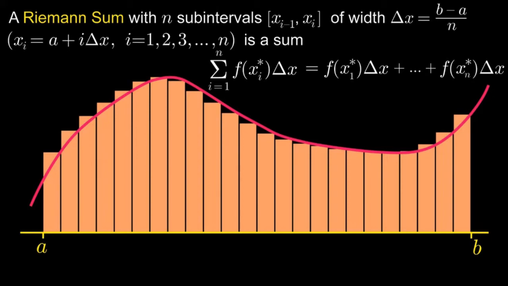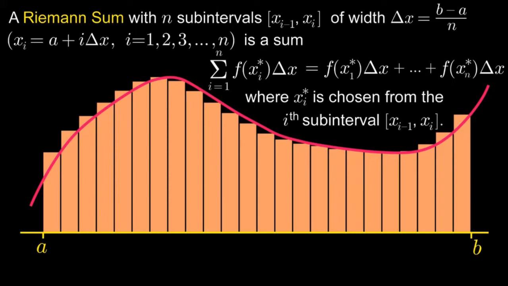It's a sum of n terms, which are areas of rectangles, and each term is the base, delta x, times the height, which is some value of the function, where the function has been evaluated at some point x_i star inside the ith subinterval. And the different methods are just different choices of which point you choose.